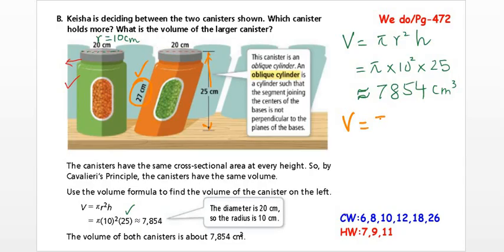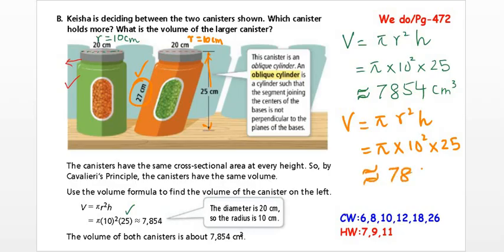So again, you will write the formula. This is the formula for finding the volume of the cylinder. So it's pi times, again this is given the diameter, so you will find the radius. It will be 10 centimeters. So it's 10 squared times, what is the height? It has the same vertical height, 25. So for sure it will have the same volume, 7,854 cubic centimeters.